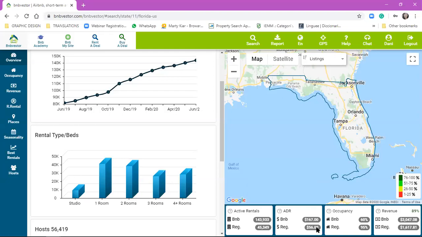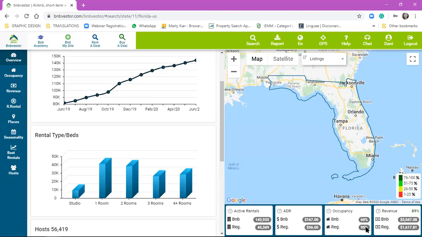You know that with regular rentals, you sign a lease, a contract for 3, 6, or 12 months. And of course, it's always going to be occupied, and that average daily rate always goes down. So the regular rentals ADR is going to be low, and the occupancy rate, as you can see, is always going to be high.